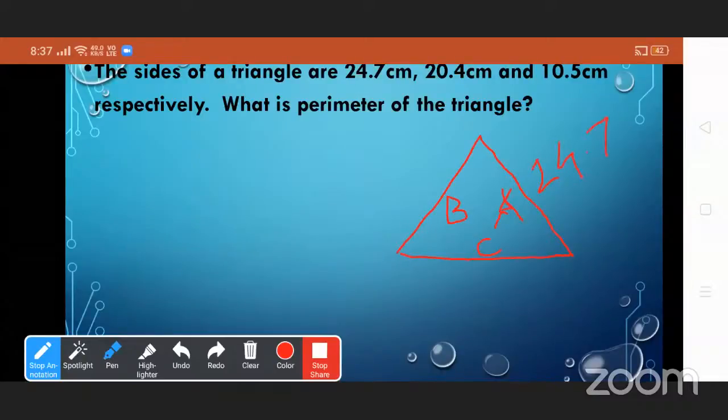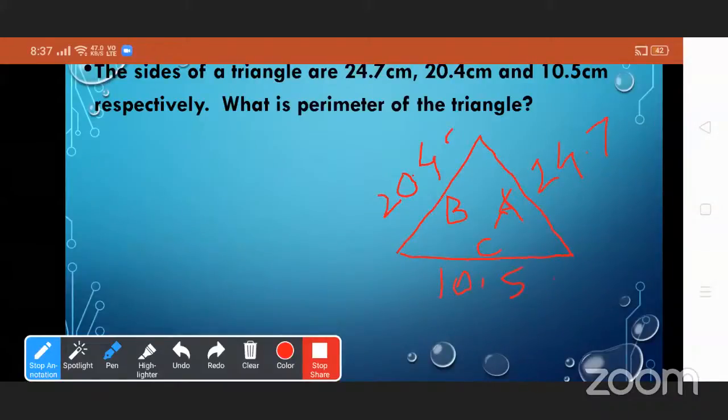The length of B is 20.4 centimeter. And the length of side C is 10.5 centimeter.